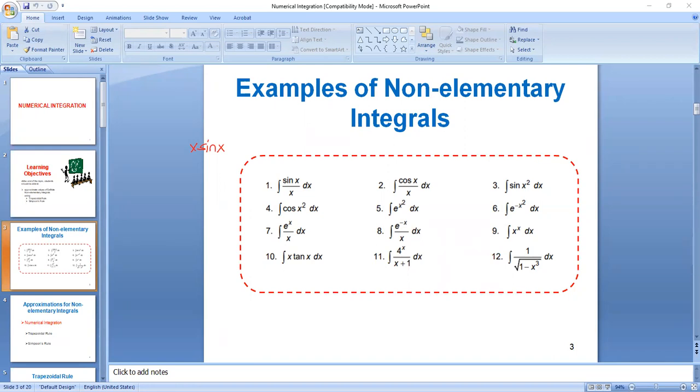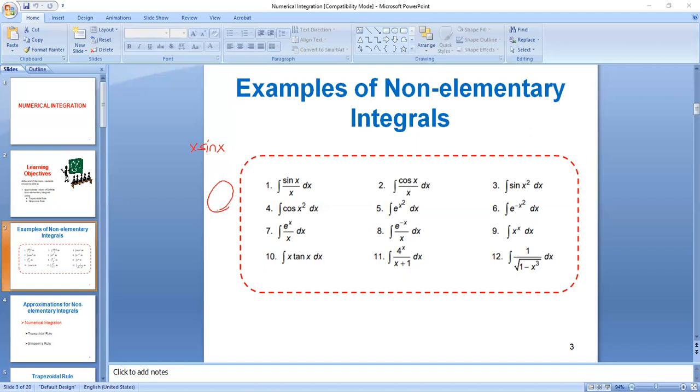Cosine x squared dx is also non-elementary because of the argument of the cosine here, which is being squared. This e raised to x over x is also non-elementary. X tangent x dx is non-elementary. Cosine of x over x is also non-elementary.